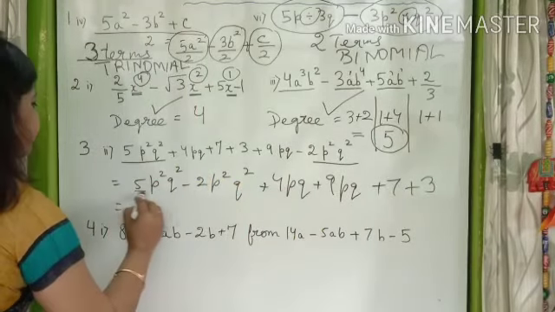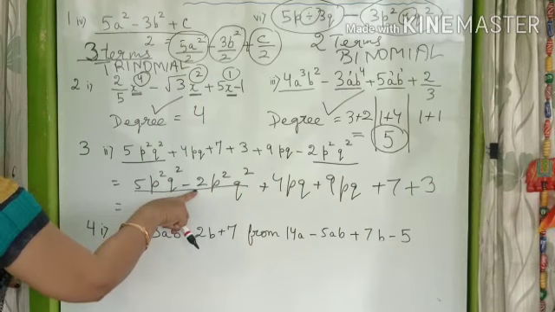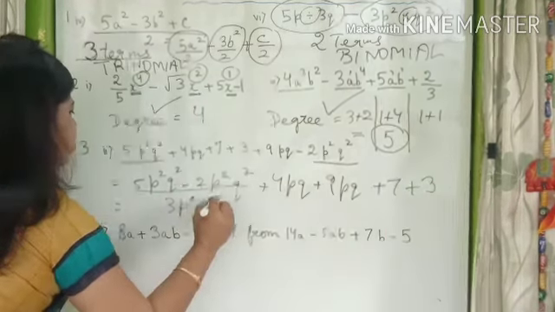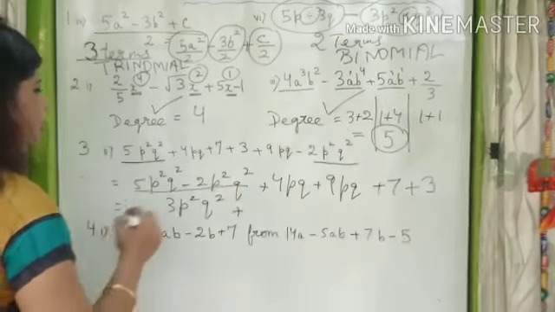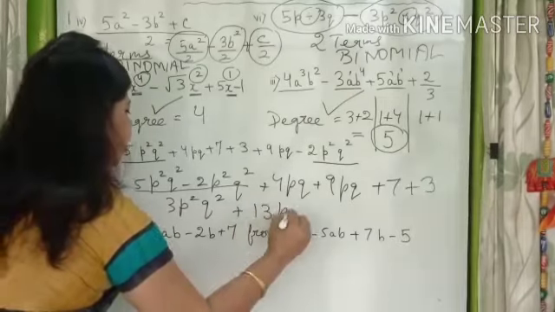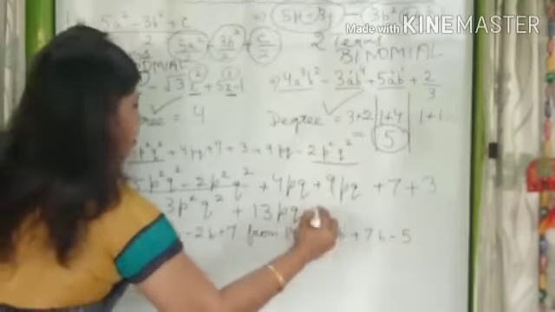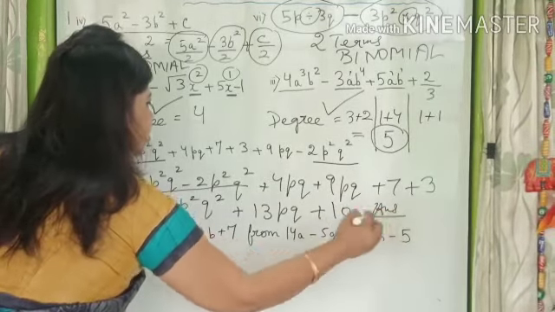Now you solve. Remember 5 minus 2. So what is the numerical coefficient? 3. p^2q^2 plus 4 plus 9. What is the answer? 13pq. Solve the number and note down the literal. Plus 7 plus 3, 10. So this is your answer.